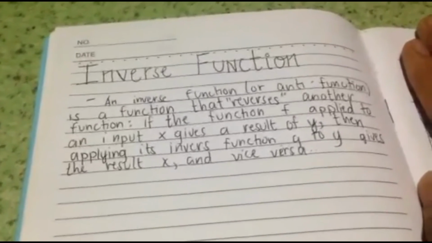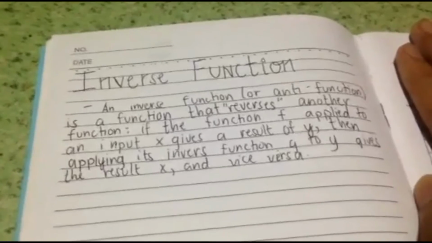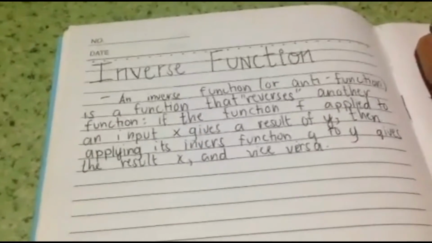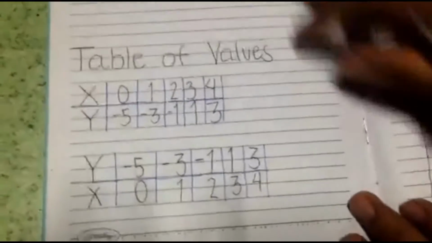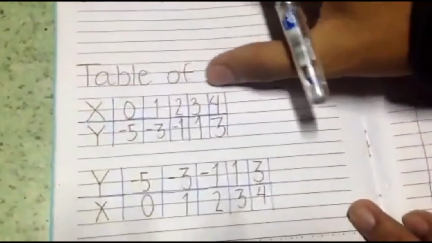Now, we're going to solve some equations and prove them if they have an inverse equation. Now, the table of values. X here has the values 0, 1, 2, 3, and 4.